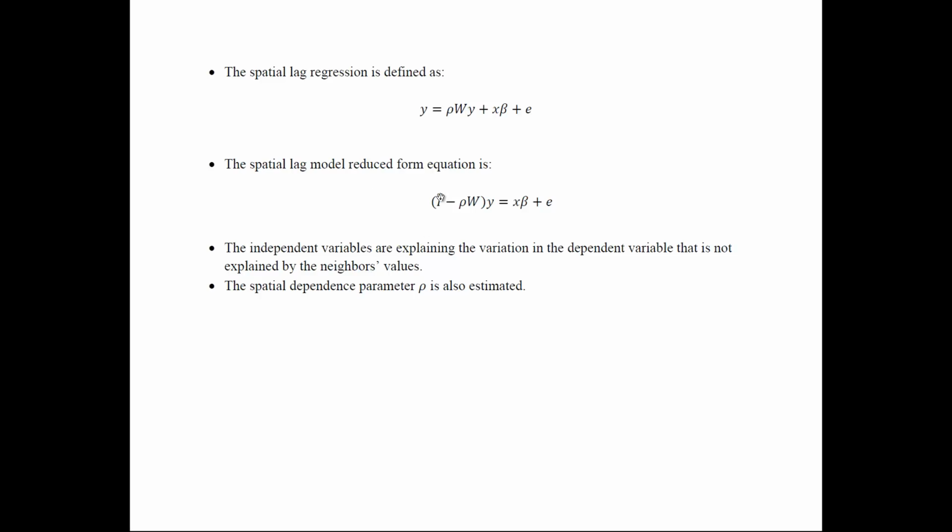We would have (I minus rho W) times y equals X beta plus e, where I is the identity matrix. So in this case, the independent variables would be explaining the variation in the dependent variable that is not explained by the neighbors' values. Therefore, whatever we can explain in that dependent variable by the neighbors, we take it out. And then all the independent variables would explain only the remaining variation that we have.